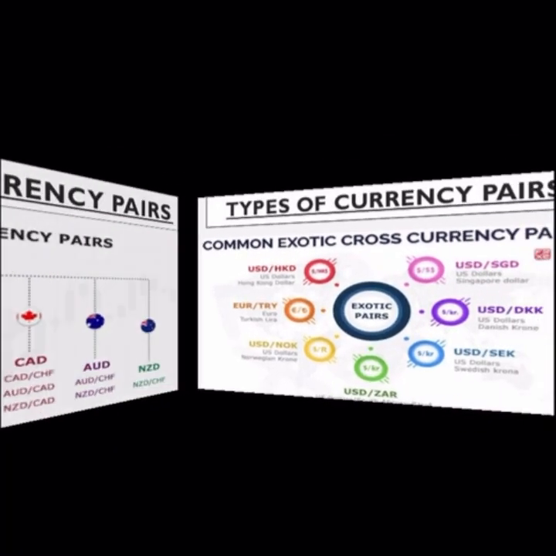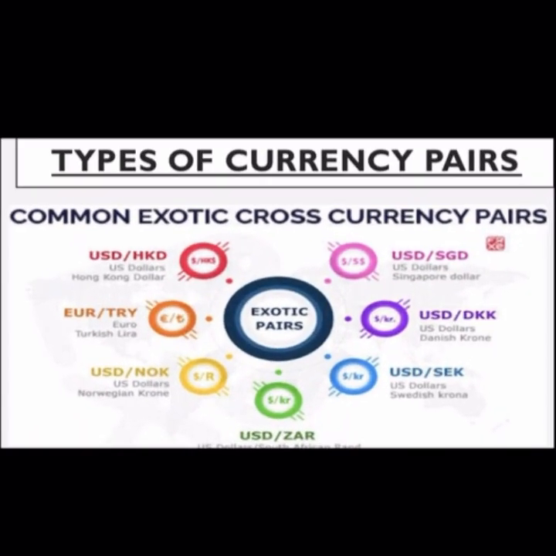Then the next one, which is the last one, is called the exotic cross pair. The difference between the exotic and the rest is simple. One dominant and prominent currency is found in the pairing, followed by a non-relevant, less traded and non-recognized currency.